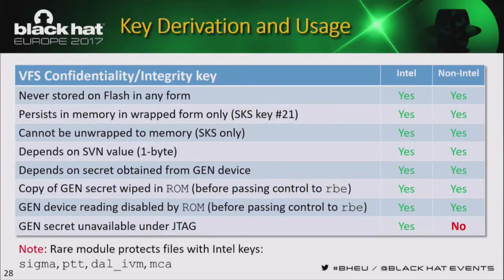And the most unexpected thing is that there are two pieces of Gen secret: one for Intel keys and one for non-Intel keys. If you manage to run the management engine under JTAG from the starting vector, you will be unable to read anything related to Intel keys, because this part of Gen is disabled.